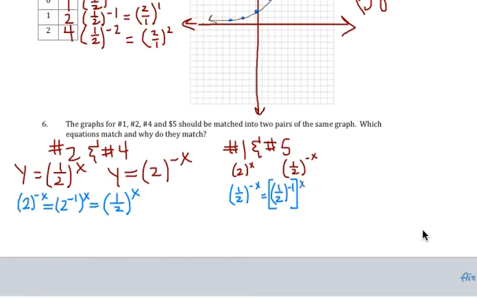I just wanted to use the parentheses there because it would look weird if I did 1/2 to the negative 1 power without putting the 1/2 in parentheses. And then you know that 1/2 to the negative 1 means we're going to switch it, so it'd be positive 2 over 1, or just 2, to the x power, and that's the other function. So that's why they're the same, based on our exponent rules. So all exponential functions aren't always going to give you the same tables. I just wanted you to see how the exponent rules come into play here.